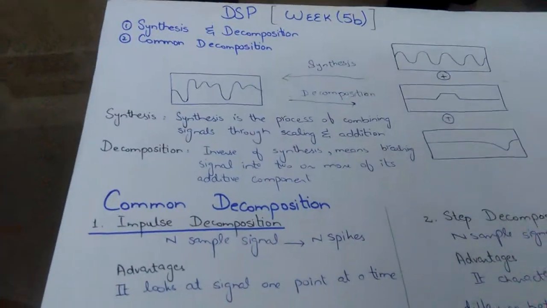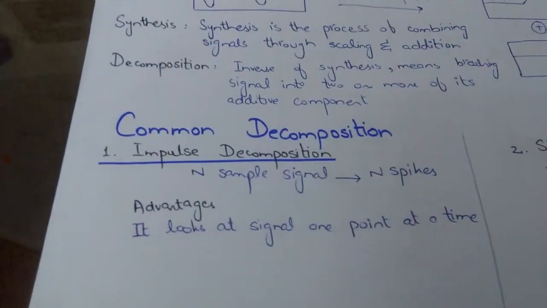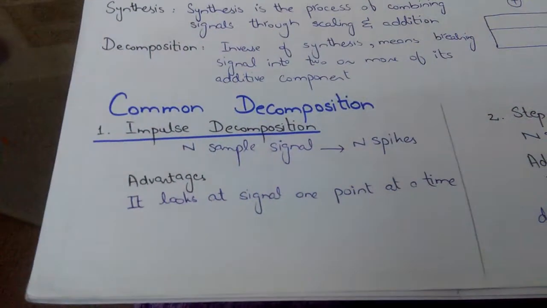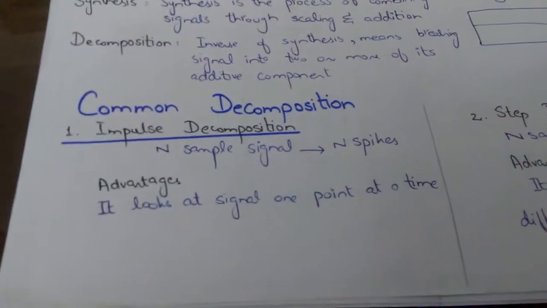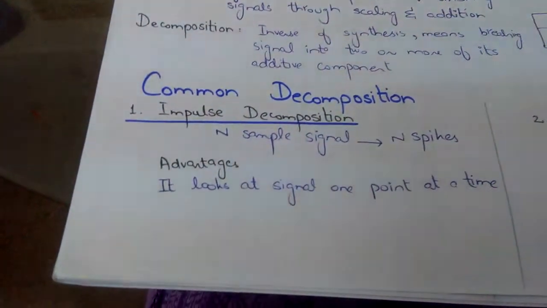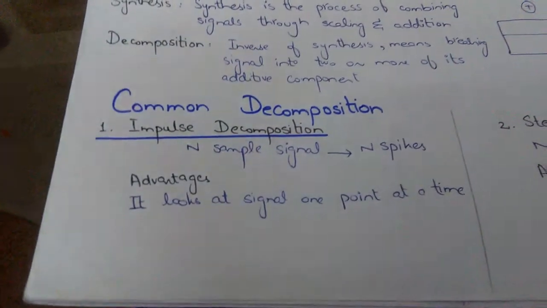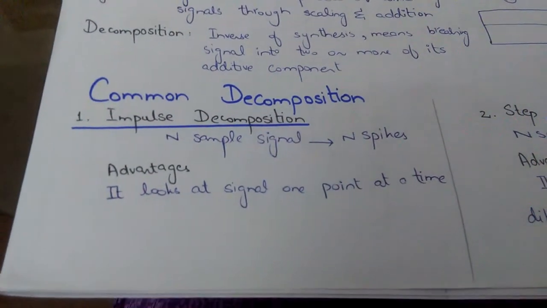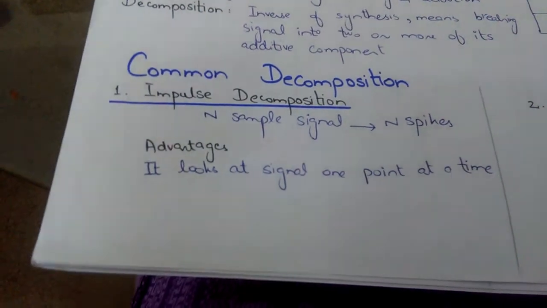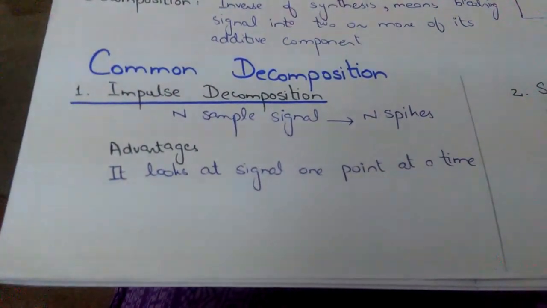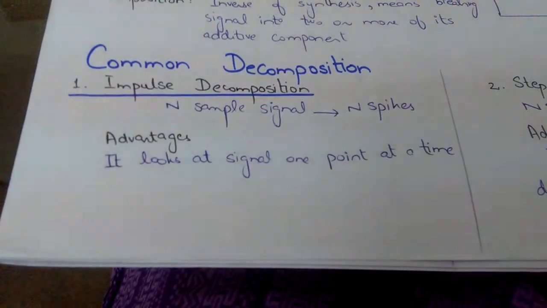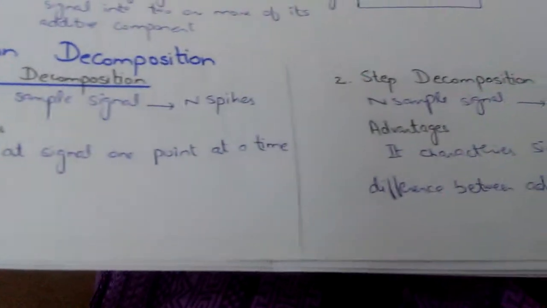Common decompositions are: first is impulse decomposition. There are 5 decompositions: impulse decomposition, step decomposition, even odd decomposition, interlaced decomposition, and one more. First is impulse decomposition. In impulse decomposition, n sample signals are converted into n spikes, and its advantages include: it looks at the signal one point at a time, only one point.